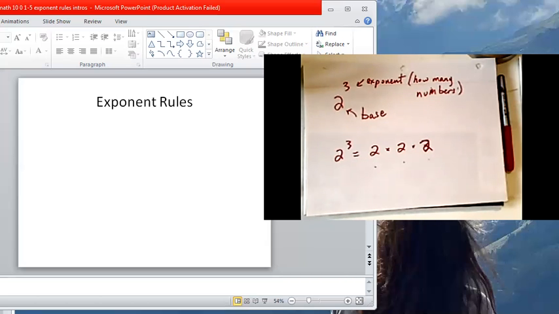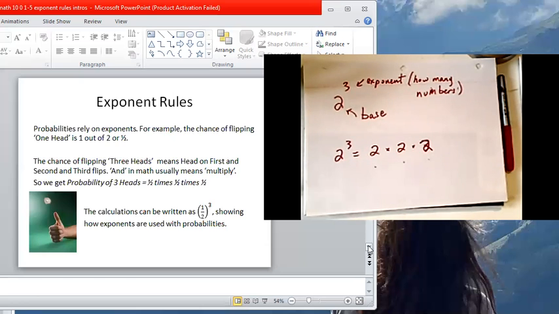Now, let's take a look here then. Why think about these things in the first place? Well, to point out, an important area of math is probabilities.